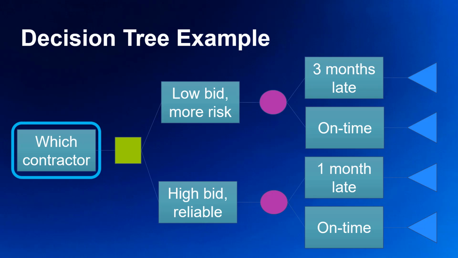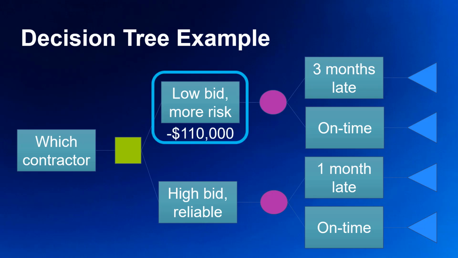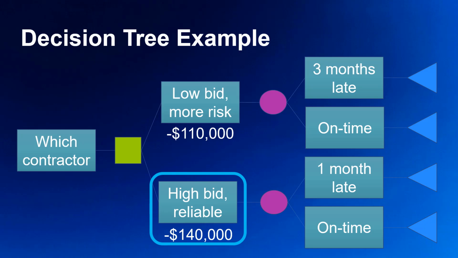So, do we choose our lower bid contractor who would cost us $110,000 but is less reliable and there is more of a risk of incurring a penalty for delivering late? Or do we choose our higher priced contractor who would cost us $140,000 but is known to be more reliable and therefore having a lower chance that we are going to incur a penalty?